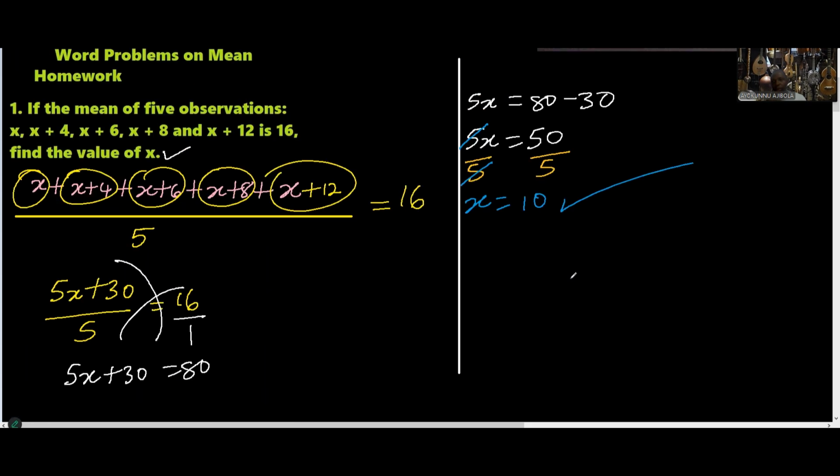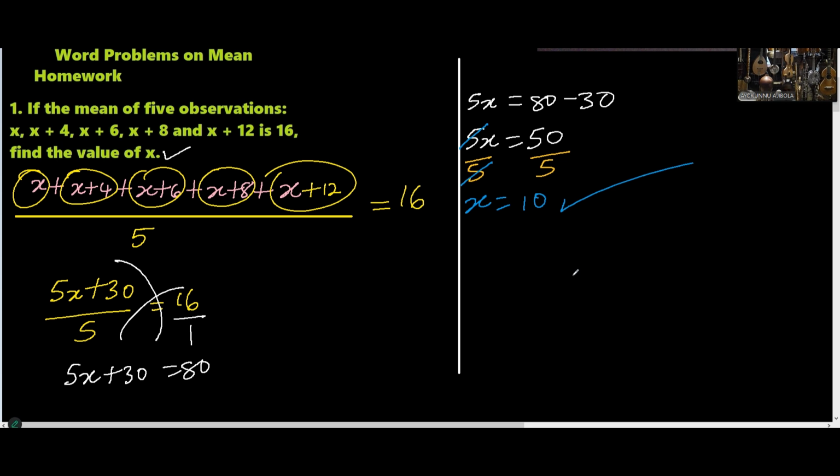Yes. Okay, explain the first one to me if it's truly clear to you. So you add the five observations together and divide by five. The mean should give you 16.